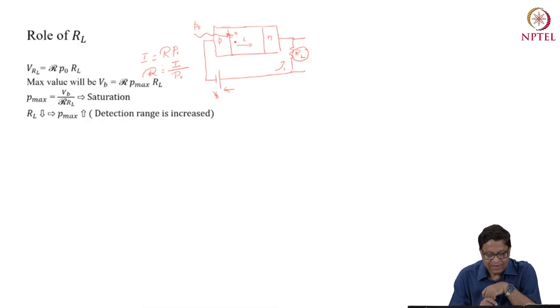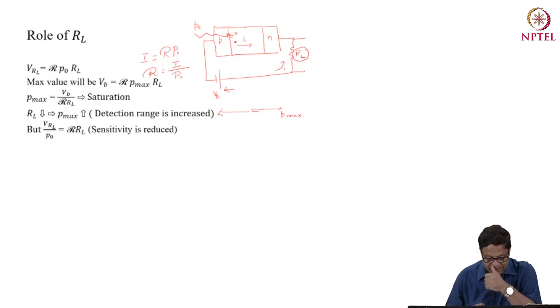Now, if I reduce the value of RL, this P max will increase, which means my detection range is increased. I am able to detect a wide value of power because this P max has increased.